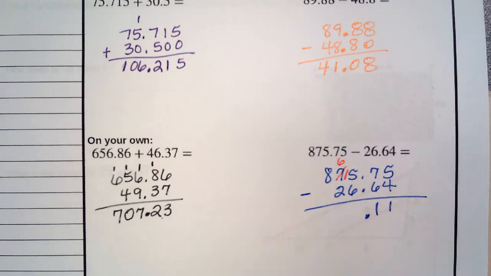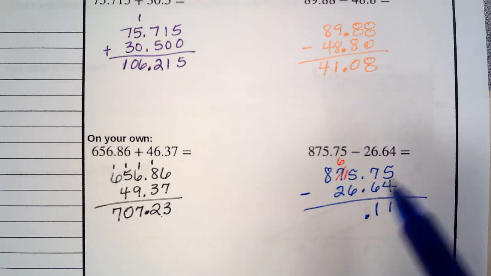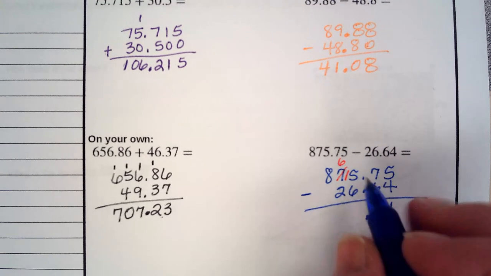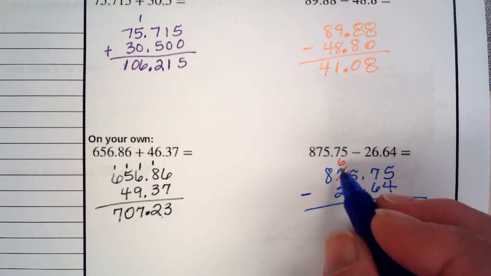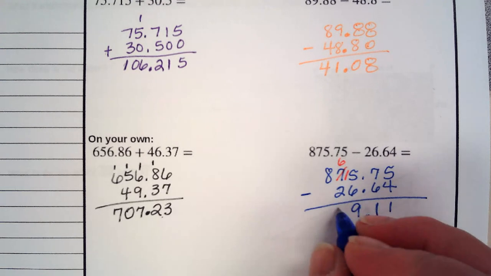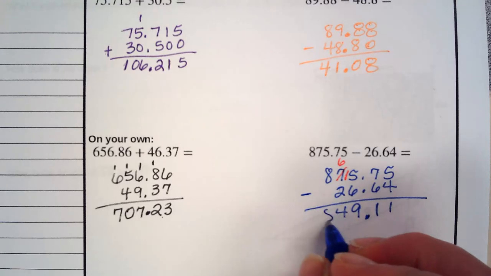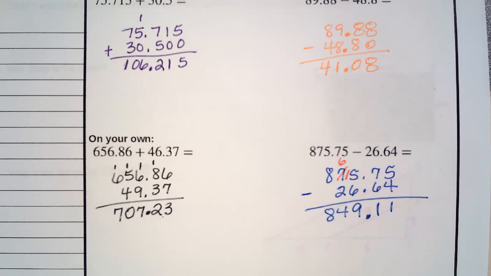This becomes a 15. 15 minus 6 is 9. 6 minus 2 is 4. And 8 is brought down. There's nothing to subtract from 8. So it's 849.11. 849 and 11 hundredths.